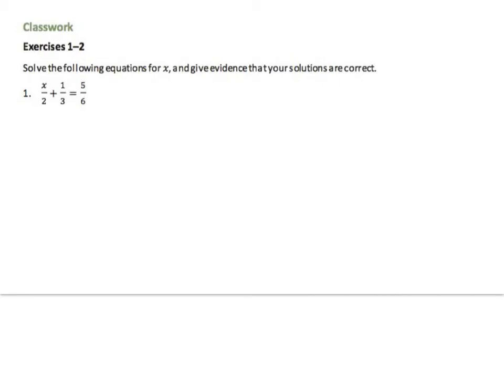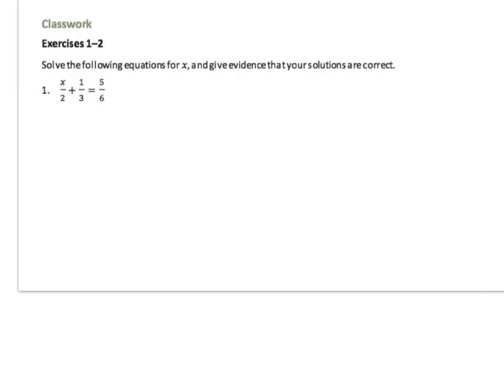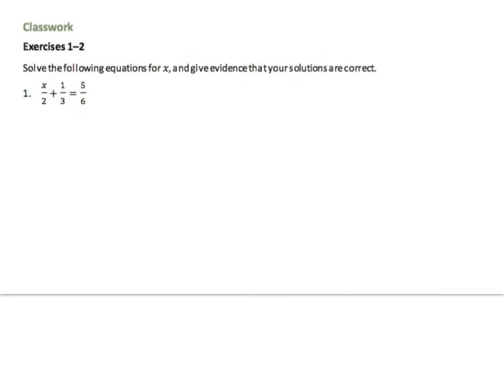So what I've done in the past when adding and subtracting these is I look for my common denominator. My common denominator here is going to be 2 times 3, which is 6.